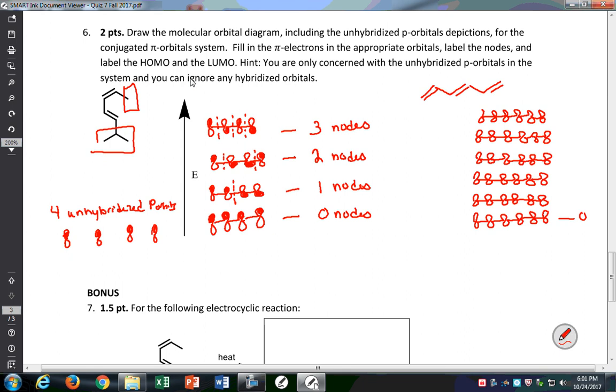And then we'll have 0, 1, 2, 3, 4, 5 nodes. The lowest will have 0 nodes. The highest will have all alternating, so all bad interactions. And then in between, we're going to have some symmetry.